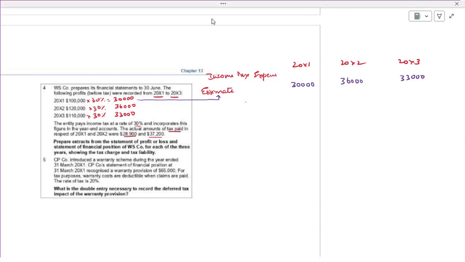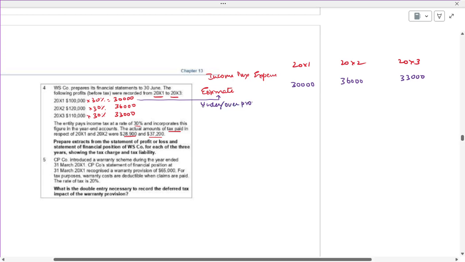We have to know whether it is an under provision or over provision. Put it as working note 1. How much is the estimate they have made?